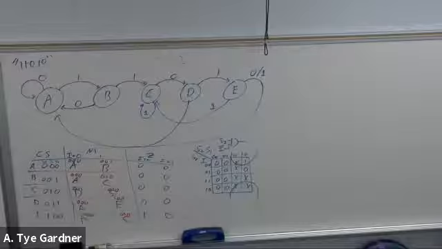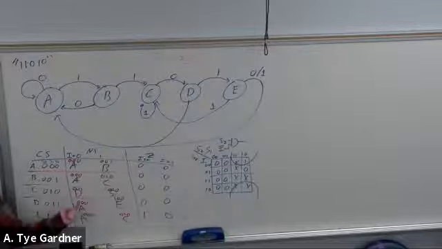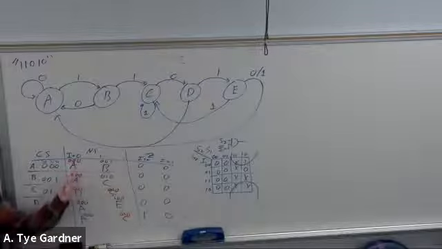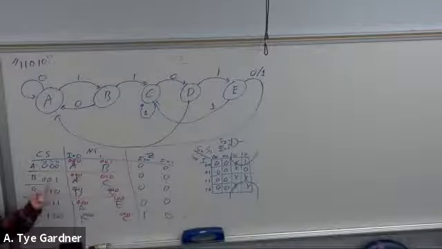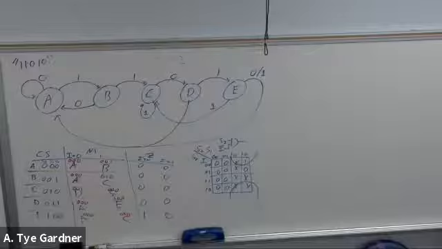I find it helpful to not get distracted, right? Because these are the values of these states. How many K-maps do I need in order to make the next state logic? Yes, 3. So I need 1 K-map for each bit.